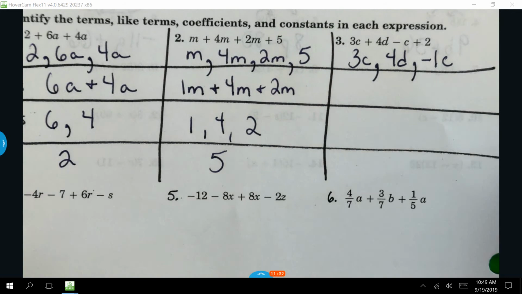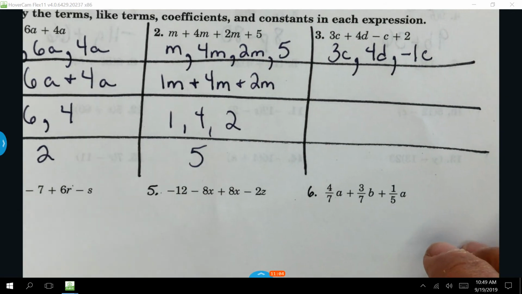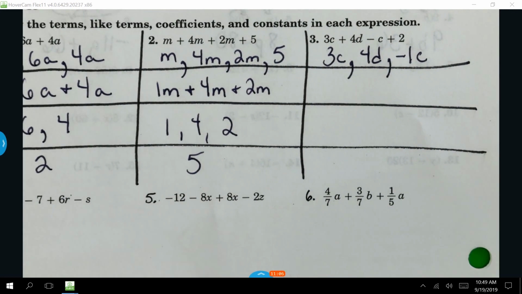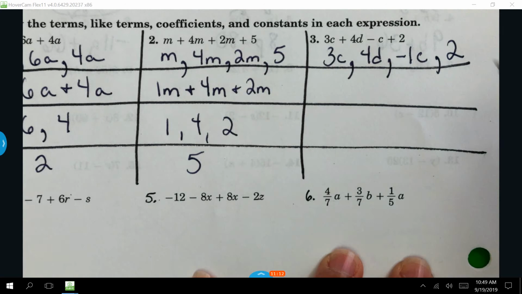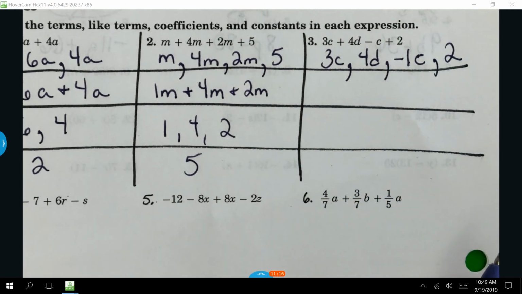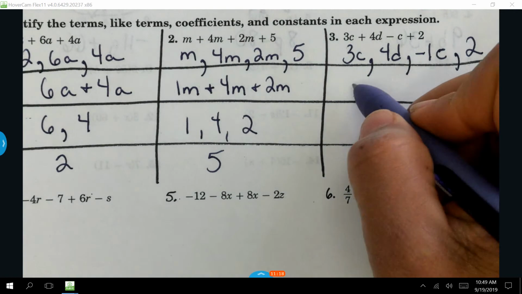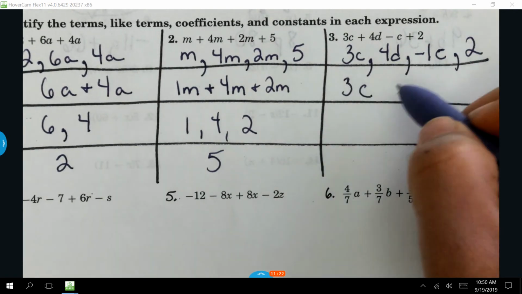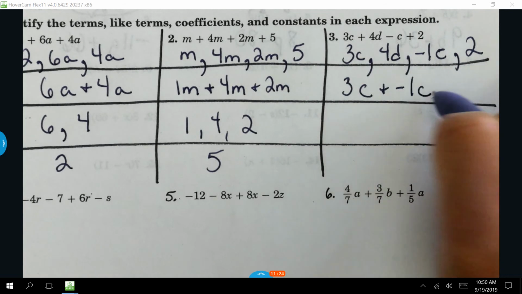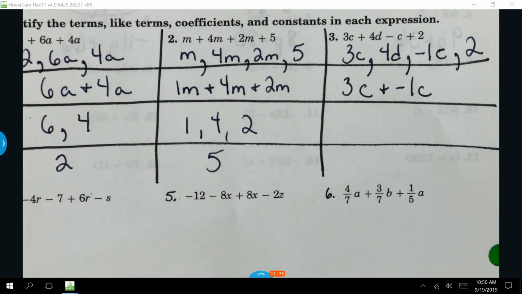You don't have to put the 1, but I think it helps when you're trying to identify coefficients and you're just starting this. And then finally the 2. This is a c. It looks like an e. Our like terms are 3c and negative 1c. Nothing else has a d in it, so there's nothing else like it. Just like you.